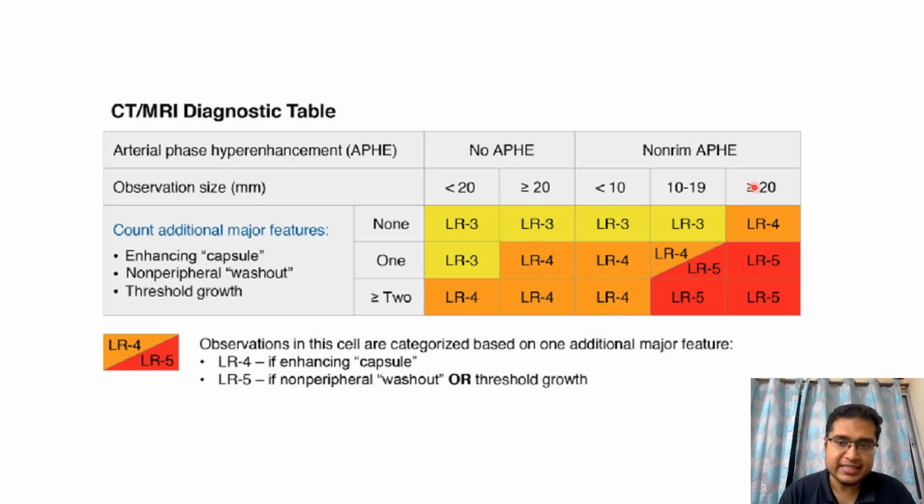The size criterion should be more than or equal to 10 mm to confidently say that this is a hepatocellular carcinoma. That was not the case in our question, which was a less than 10 mm lesion. So anyway, it cannot be LR5. Then depending on how many criteria it fulfills, it will be given LR3 or 4.